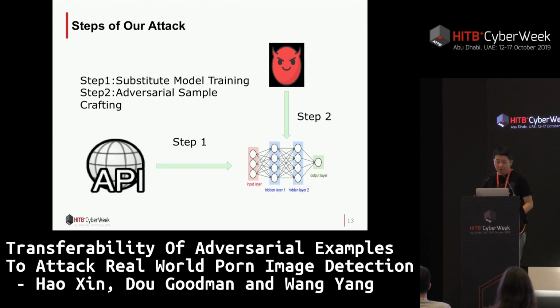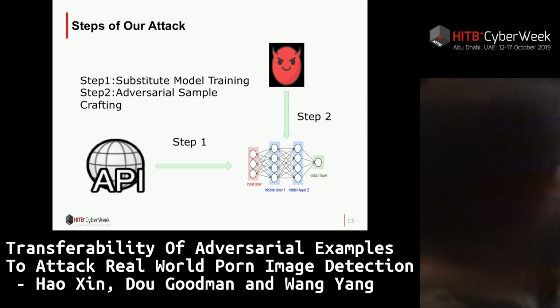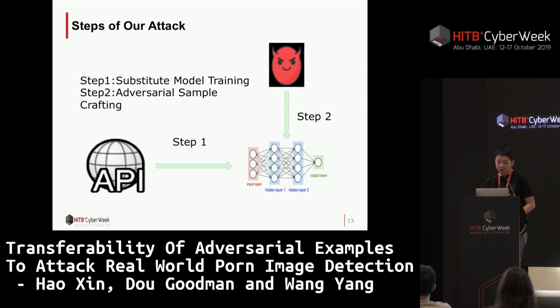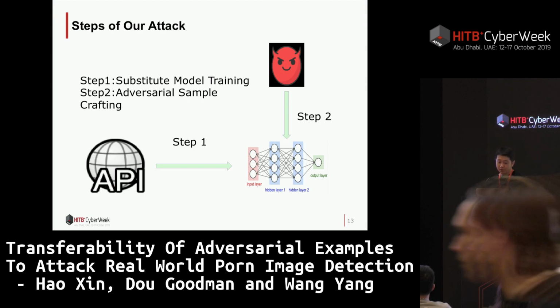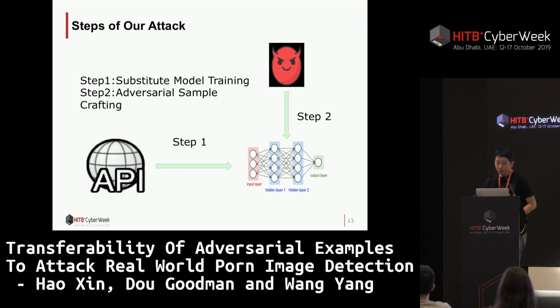Generally, our attack is divided into 2 steps. First, we use queries to the cloud API to construct a small dataset and use it to train the substitution model. Second, the substitution model is used to generate adversarial examples with better transferability. I will introduce the process of these steps in detail.